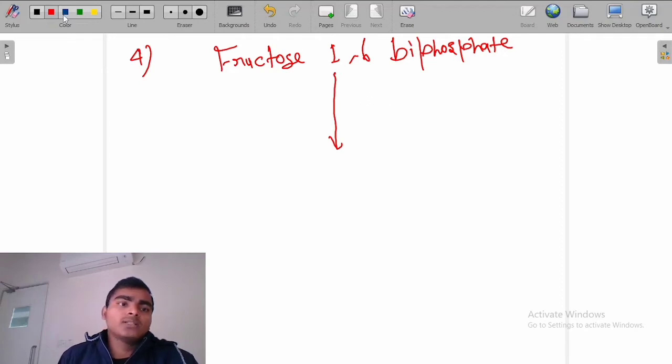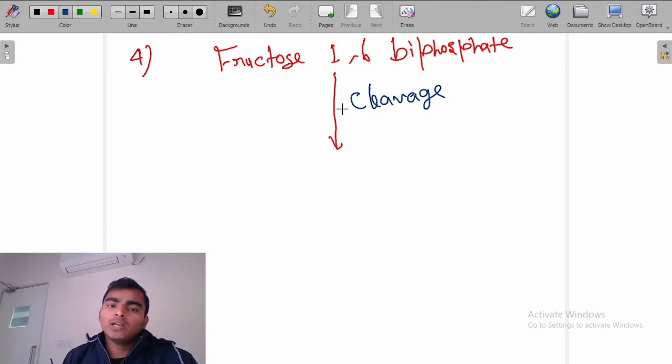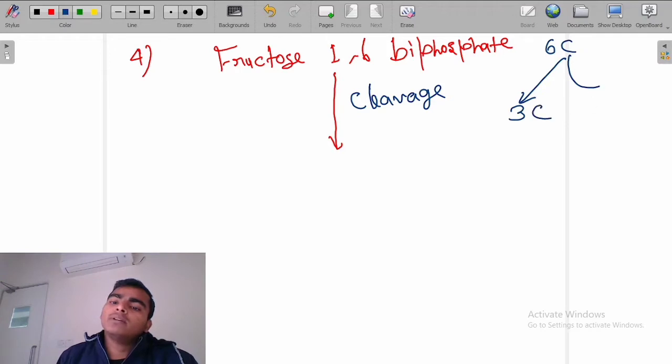This step is known as cleavage, because there is a complete breakdown of fructose 1,6-bisphosphate, which has a total of 6 carbons, into two molecules of 3 carbons each. So what are we going to get from here?